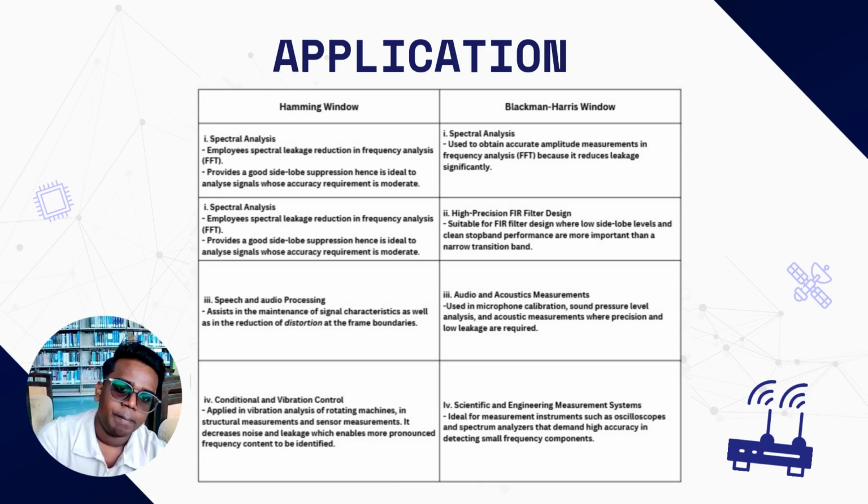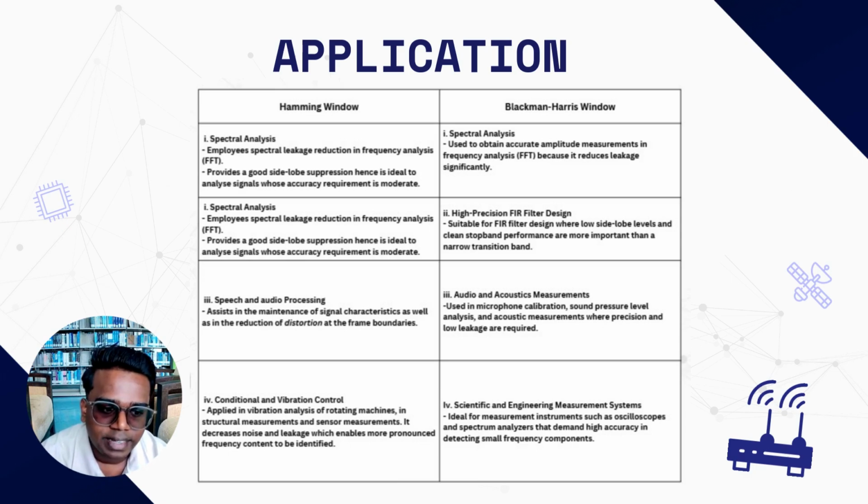Okay, now are the applications for the Hamming window and also the Blackman-Harris window. So, spectral analysis, for both. First is the Hamming window. The Hamming window is employed for spectral leakage reduction in frequency analysis (FFT), and it provides good side lobe suppression. Hence, it is ideal to analyze signals whose accuracy requirement is moderate.